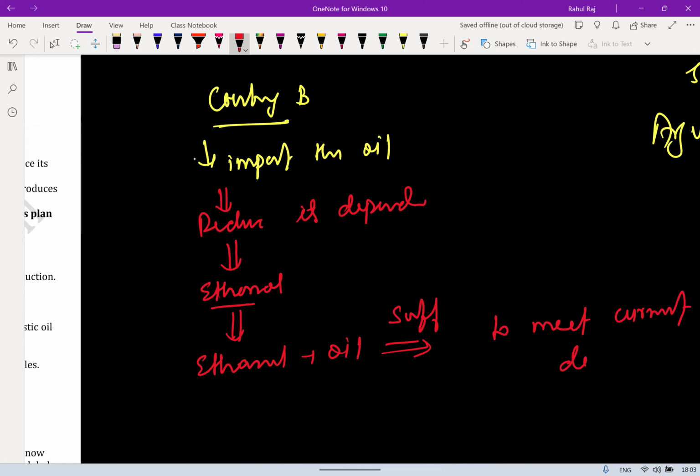So the last line is the conclusion of the argument. This is what the author is planning to say. The author is saying that they don't have enough oil, and that's the reason they need to import. Now they wanted to reduce the import. How? They have formed some alternate source of fuel called ethanol. And now they say that ethanol plus oil is sufficient to meet the current demand of energy.